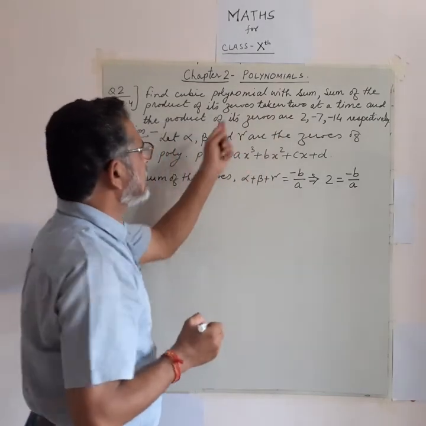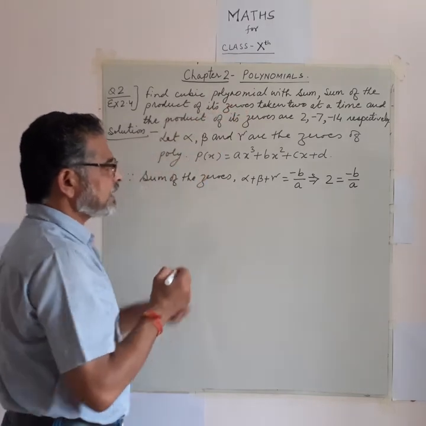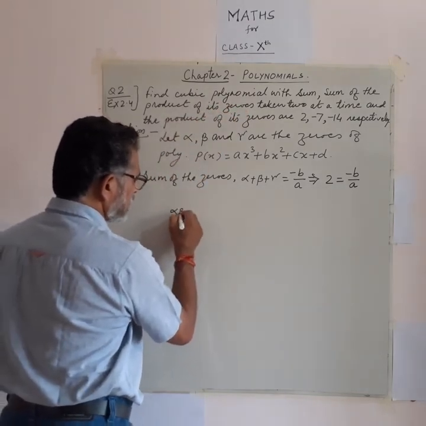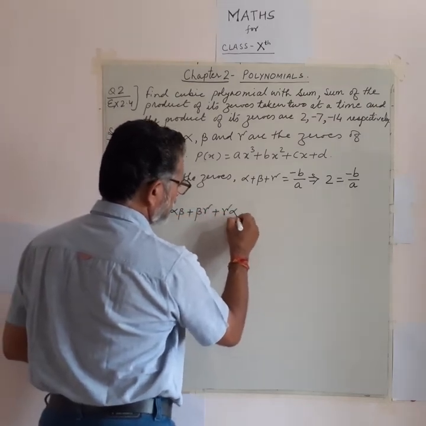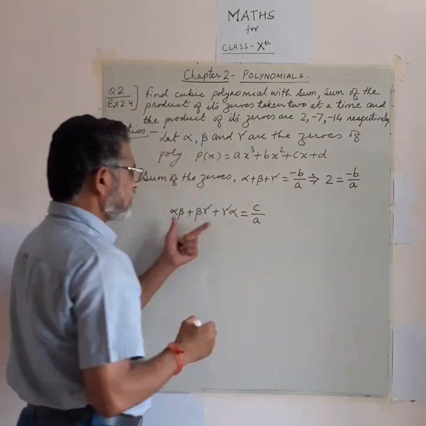Now the second, the sum of the product of zeros taken two at a time, means alpha into beta plus beta into gamma plus gamma into alpha, is c upon a. And what is this?